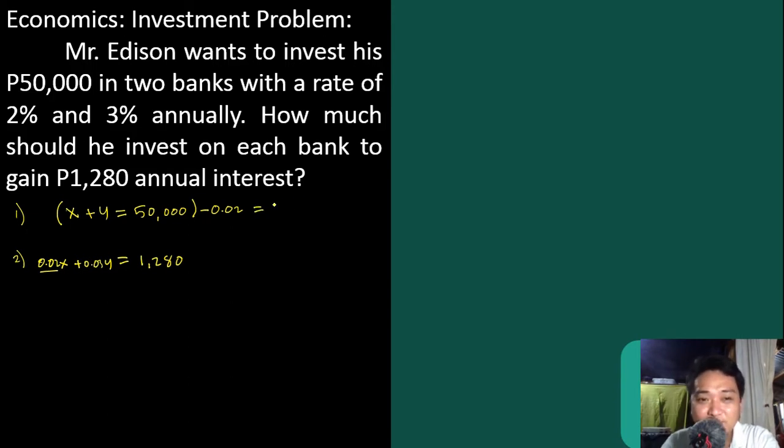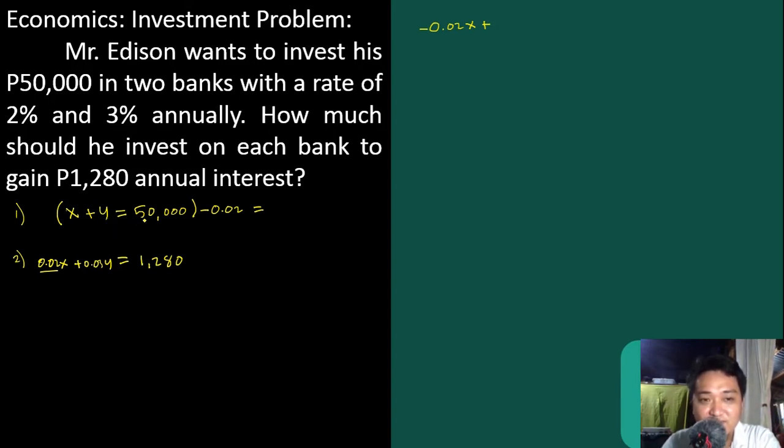That will become negative 0.02x plus, again, use distributive property here.